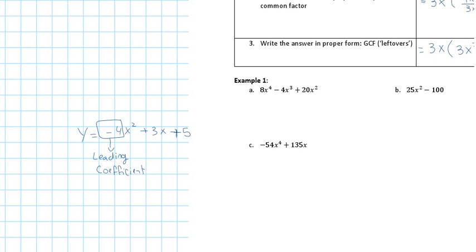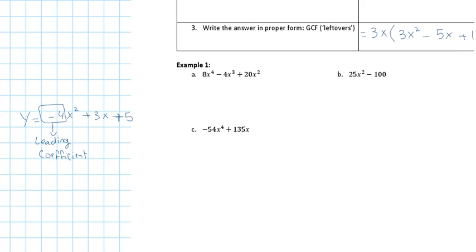What would be my greatest common factor? 4x squared, right? Eyes on me for a second. You're always looking at that each term has an x in it, and then you're looking at your exponent. You're always going to take out the lowest exponent, so it's going to be x squared in this case.